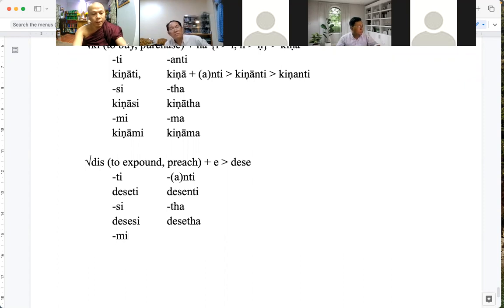And then first person singular Mi, plural Ma. So they say Desemi, I expound. And they say Desema, we expound. Okay, let's move to the next.